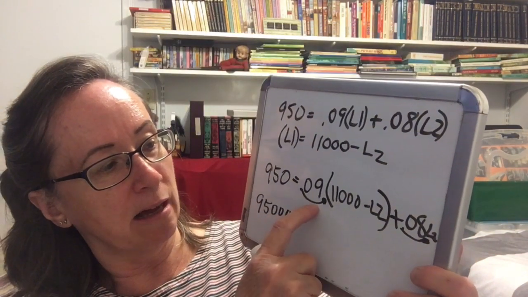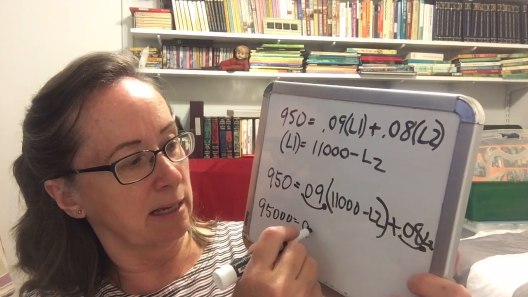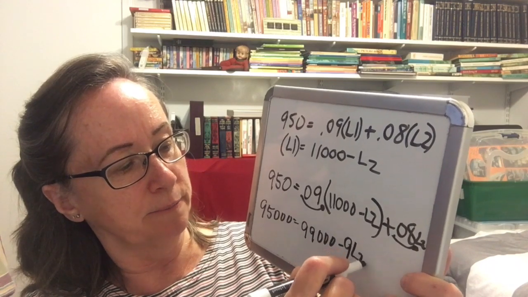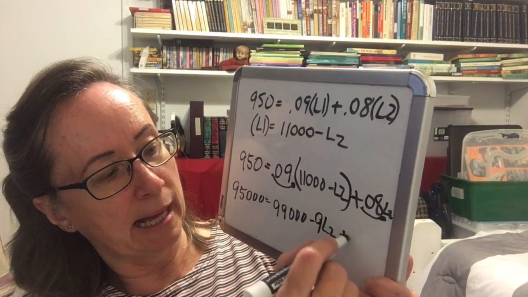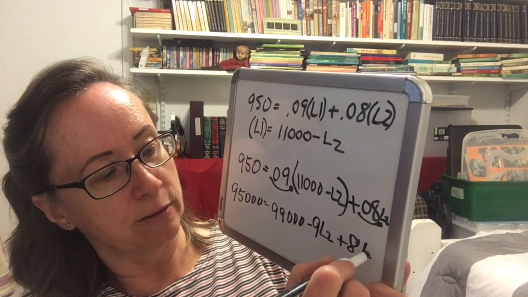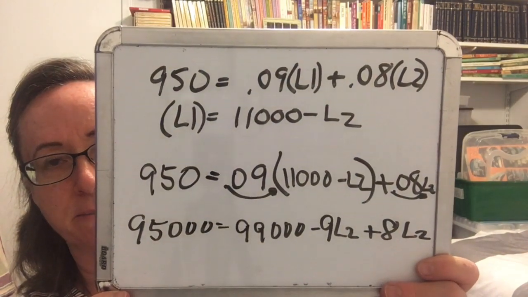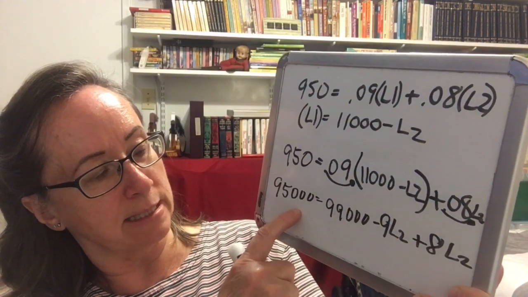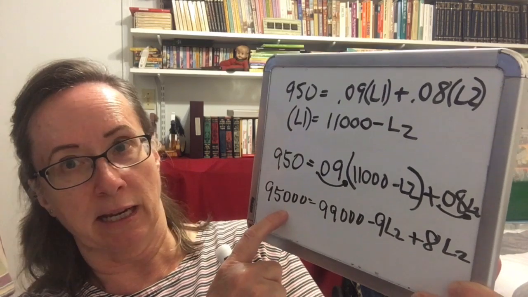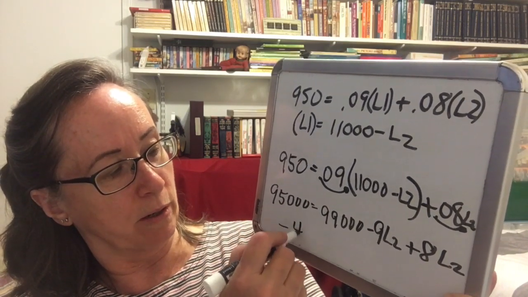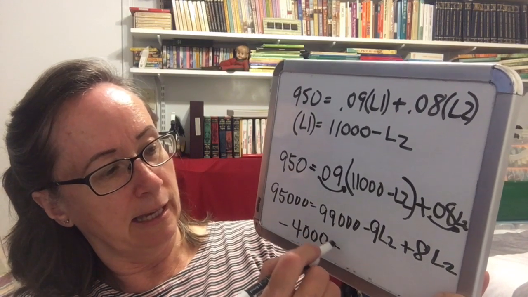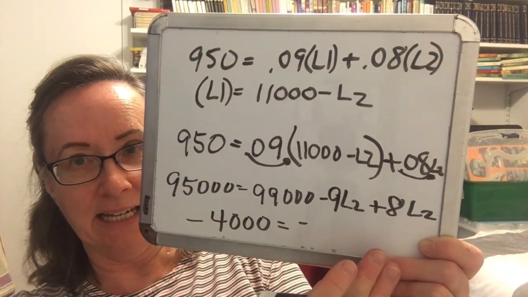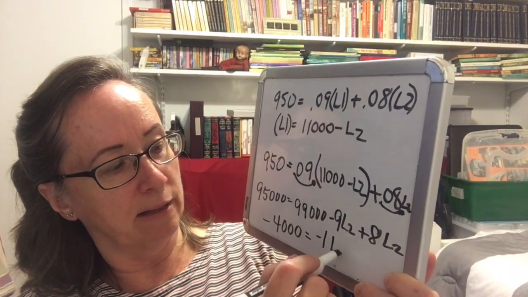Okay, so now we've got 9 times 11,000 is 99000 minus 9L2, and then plus 8L2. Since we moved that decimal over, that's pretty easy. So now, can we subtract the 99,000 from the 95,000 to get negative 4,000. Since we got negative 9L2 plus an 8L2, that's a negative 1L2.